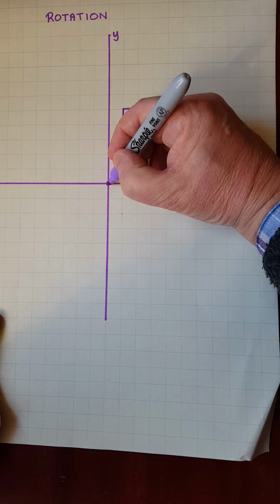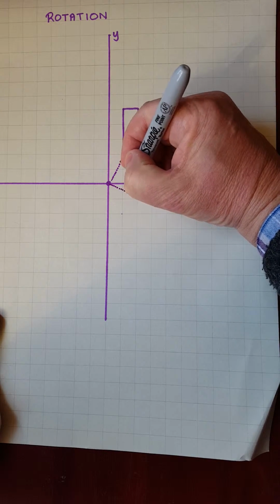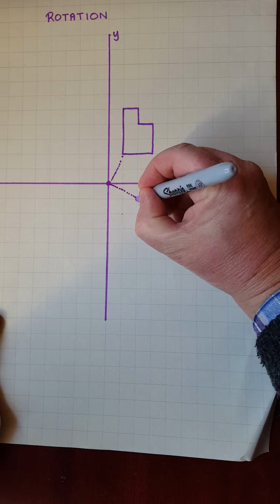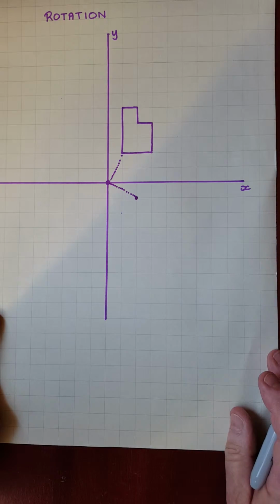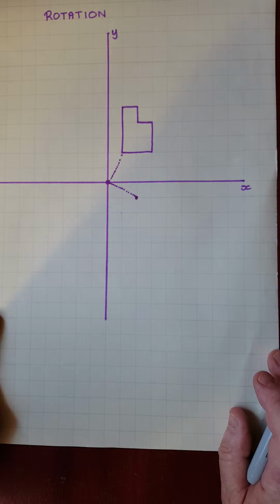So it's going to do the same kind of thing here, and it's going to be 2 squares along there. Can you see that the little dots that I've drawn form a right angle? And that helps us to work out where to go.